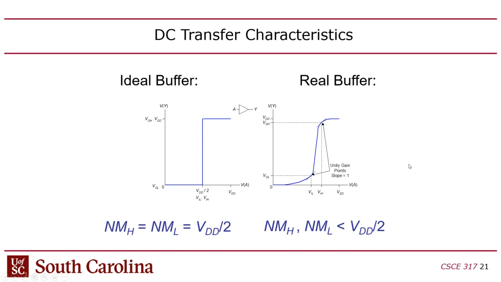Okay, so I hope that's pretty clear. Now, what is important about this? Well, the important thing is that if you look at the voltage on the input versus the voltage on the output at the unity gain point, they're different.